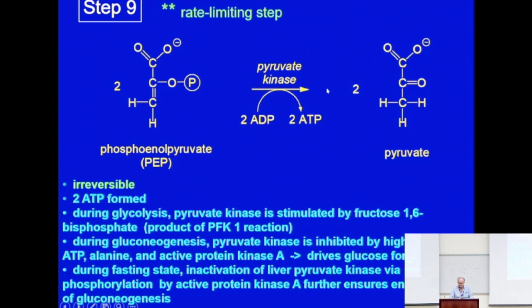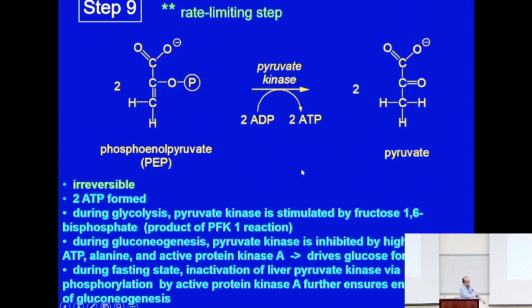So this is important, first, because it's a rate-limiting enzyme. Second, it produces ATP. So it's both a rate-limiting enzyme and produces ATP, and third, it's going to be regulated by a number of molecules, and 2 of them are allosteric inhibitors, and that's ATP and alanine. Both can inhibit this enzyme.